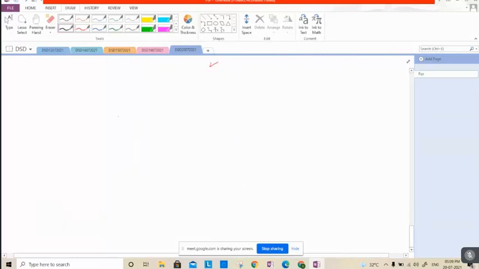Right, so now I'll give you rewriting the state diagram in another form.